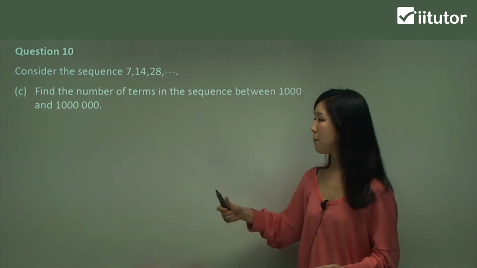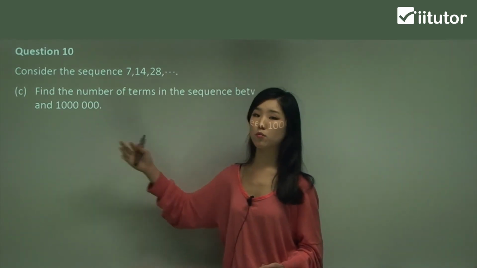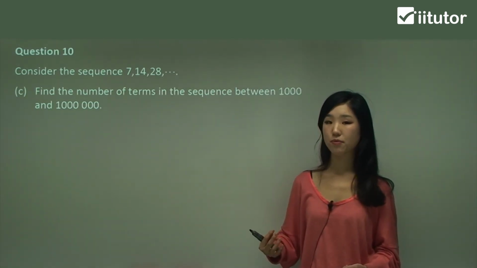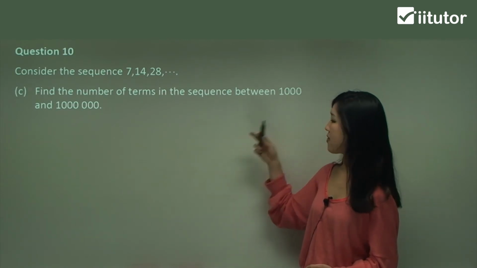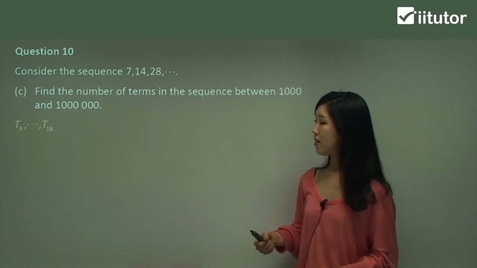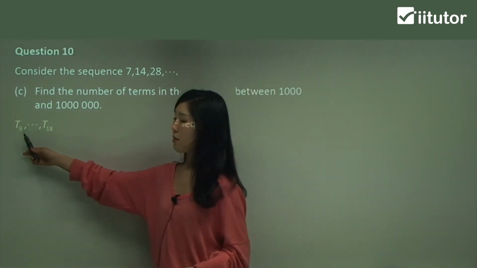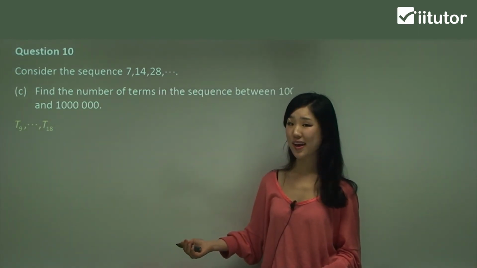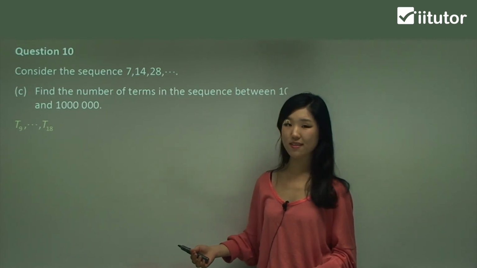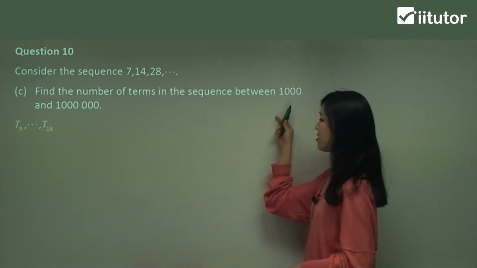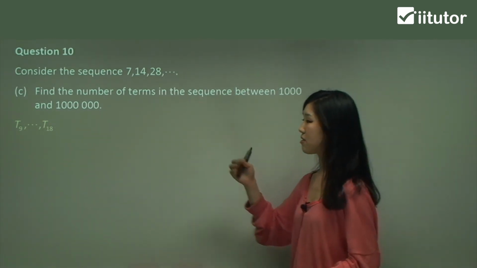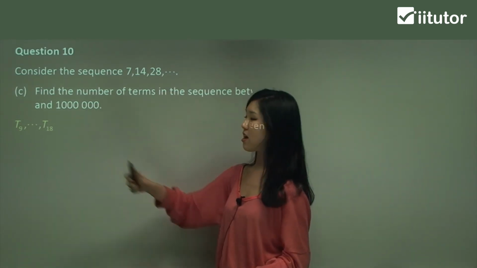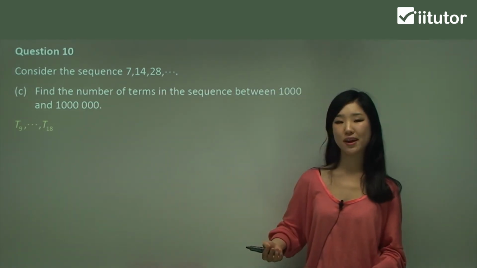So the last number just before 1 million would be the 18th term, isn't it? So therefore, between 1,000 and 1 million, the terms start from term 9 up to term 18 basically. Okay? Hope that makes sense. So the first number after 1,000 is term 9. The last number just before 1 million is term 18, as we found in part A and B.